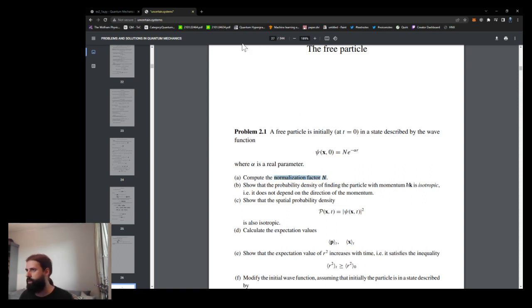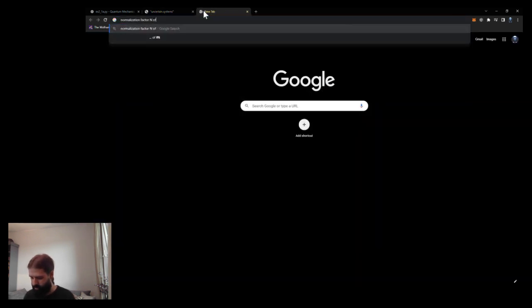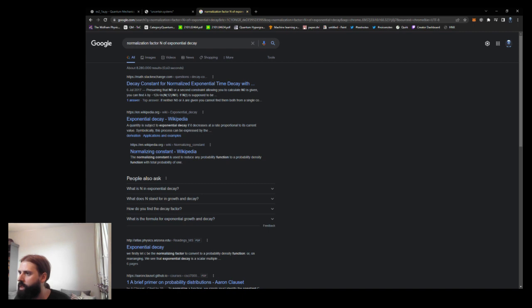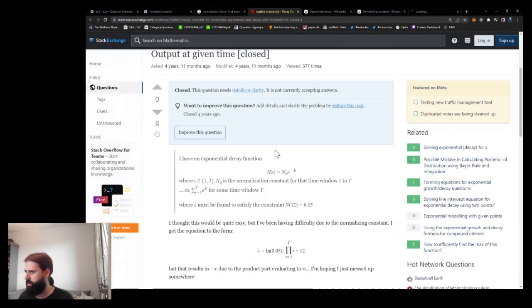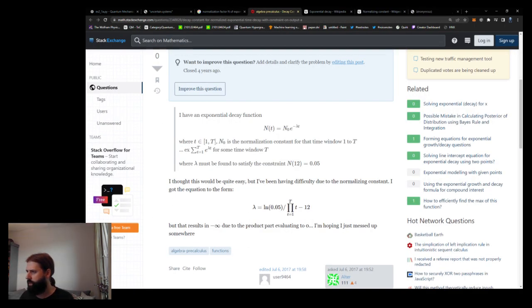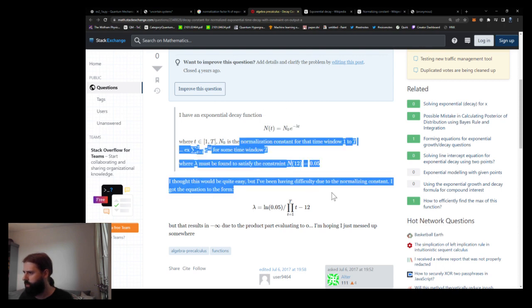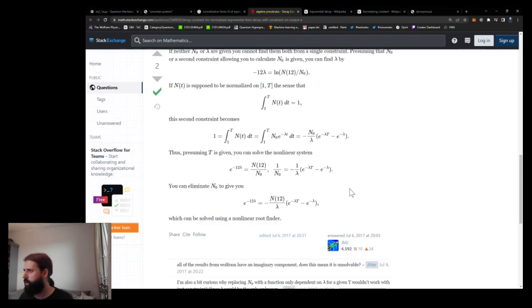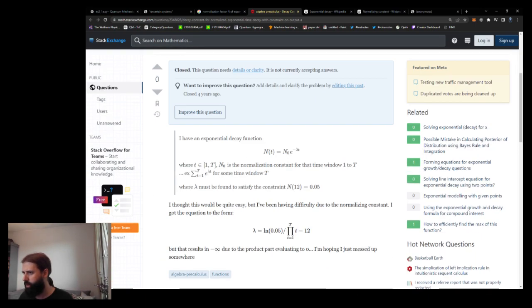What if we just Google normalization factor of exponential decay? Maybe this is a thing. Oh, okay. Look at this. Okay, there, actually this is something.